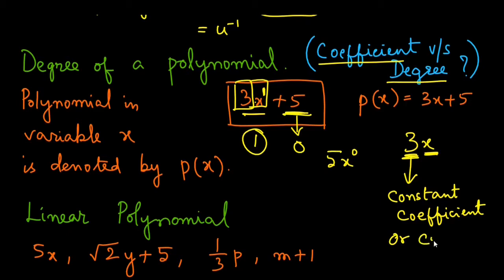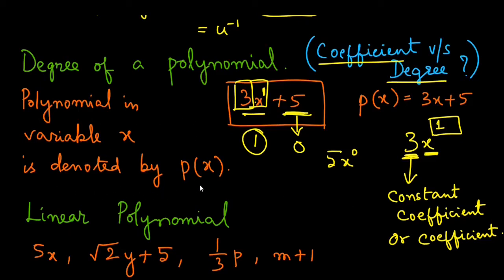So this is the coefficient, the constant which is multiplying the variable. The exponent of the variable, here x it is 1, is called degree. The exponent of the variable is called degree, and the constant factor in a term is called coefficient.